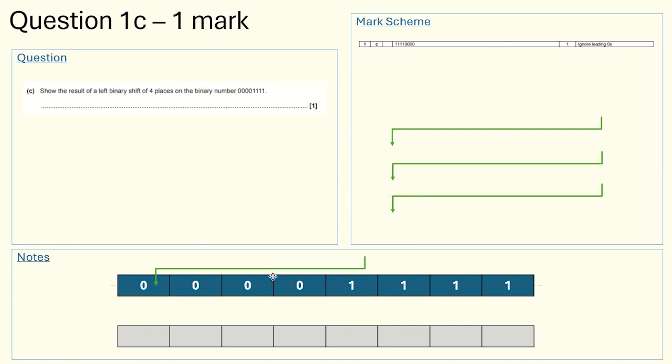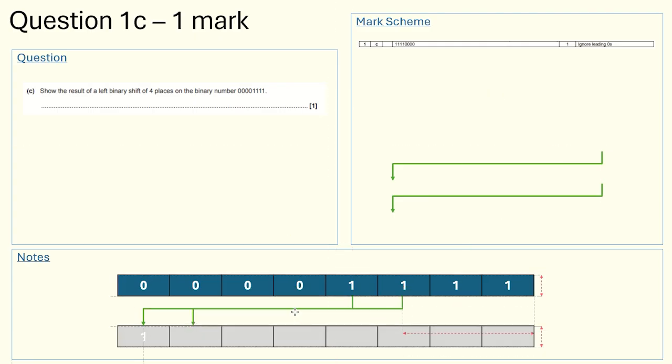If we start over here, we can see that if we take this 1 and we shift it 4 places to the left, 1 gets moved over there. Likewise with the next one, it gets moved over there. Hopefully you can see a pattern emerging here.